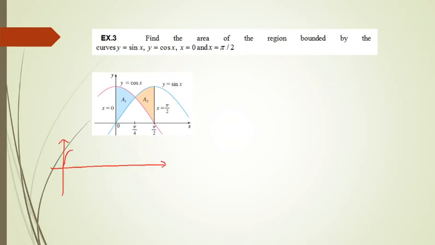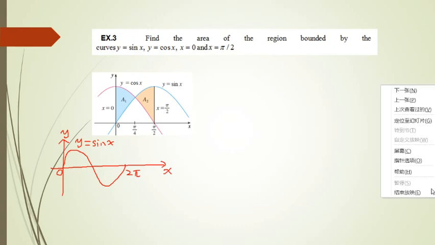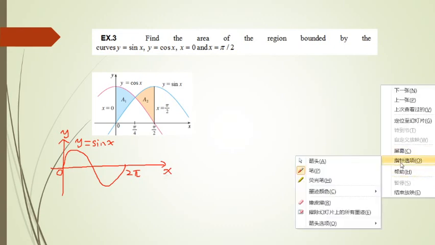What is sine? This is sine from 0 to 2 pi, right? This is y equals sine. And what is cosine from 0 to 2 pi? Let me use a different color.